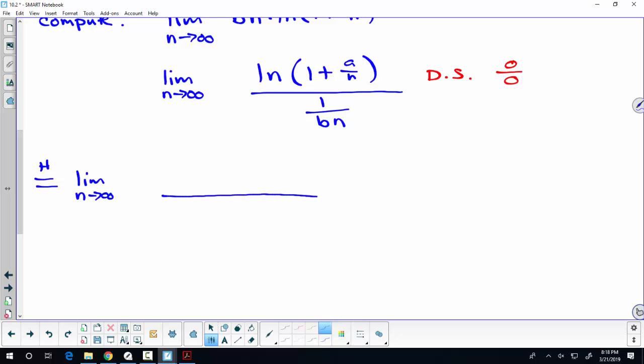So the derivative of ln of 1 plus a over n: we've got 1 over the argument times the derivative of 1 plus a over n, which is negative a over n squared.